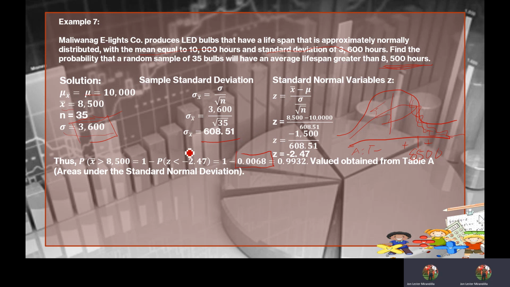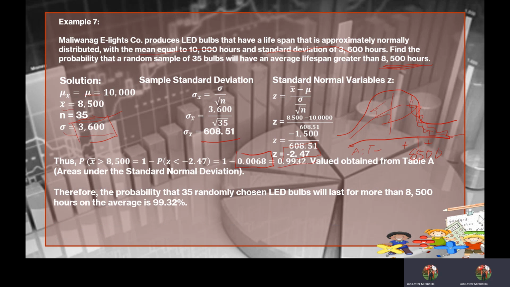Kaya, 1 minus yung nakuha values dun sa ating z-score na negative 2.47 at bibigyan tayo ng result na 0.9932. Therefore, the probability that 35 randomly chosen LED bulbs will last for more than 8,500 hours on the average is 99.32%.